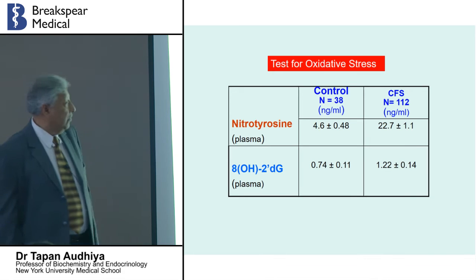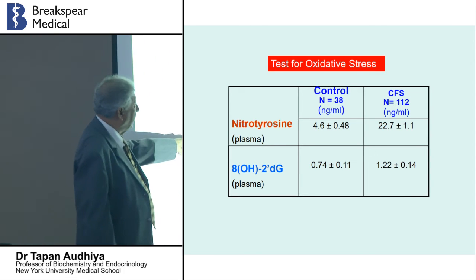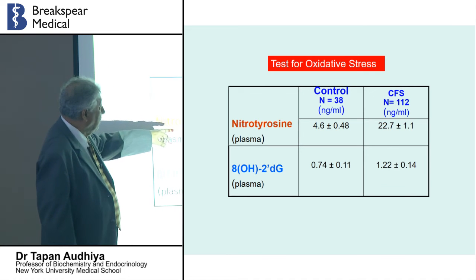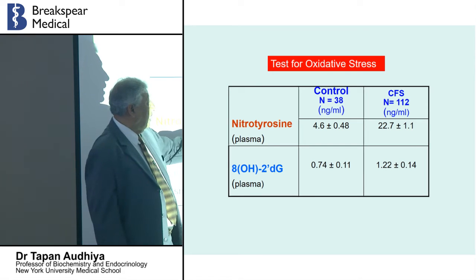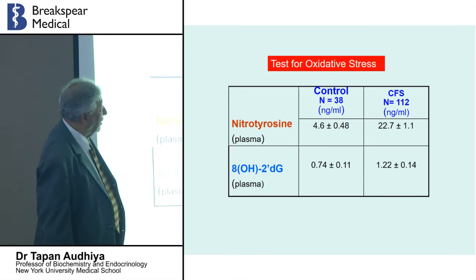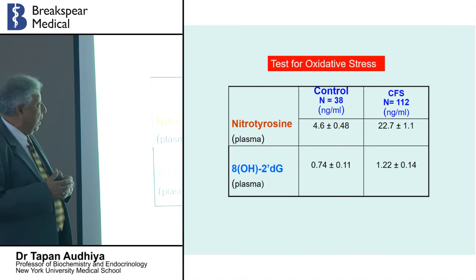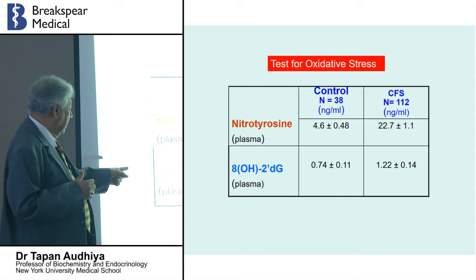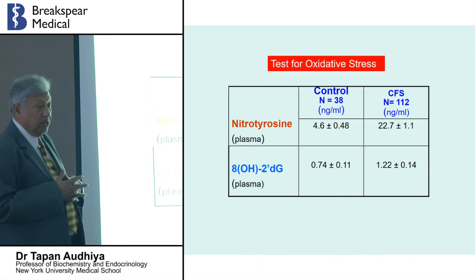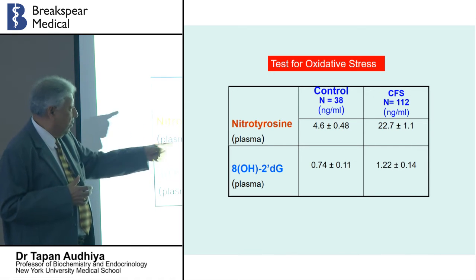Yeah, this is one thing I wanted to show you, that in case of cancer patients, particularly here, nitrotyrosine is a very important factor. Control value is 4.6. In CSF, you can see 22.7. So the nitrated byproduct, the oxidative product, goes pretty high. And 8-hydroxy-2-deoxyguanosine, you can go from control 74 to 122.